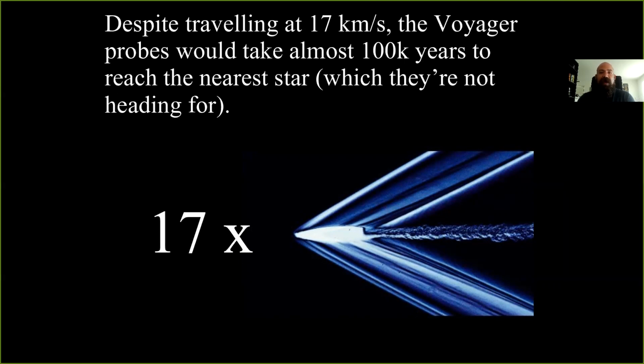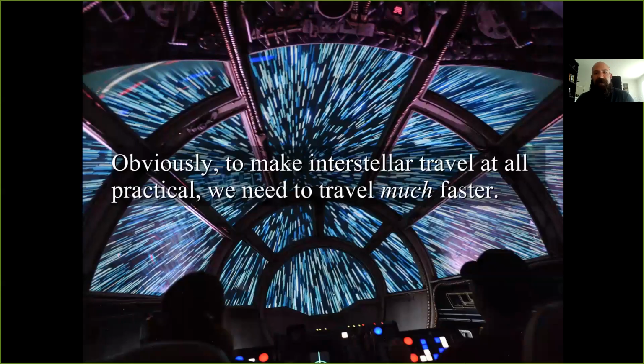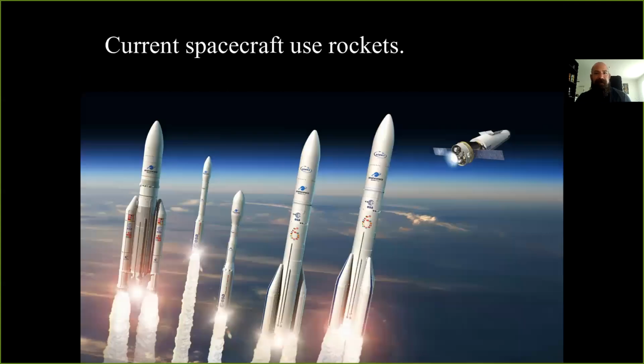And despite traveling at this absurdly high speed, even if they were traveling in the direction of the nearest star, which they're not, it would take them about 100,000 years to reach that star. So clearly, we're going to have to do a lot better than that if we want to become an interstellar species, in a meaningful sense of actually visiting other stars on something approaching a human timescale.